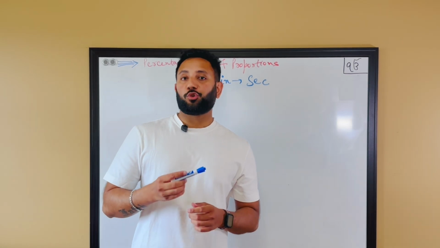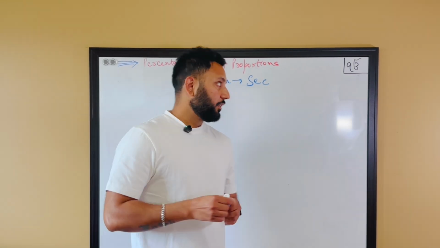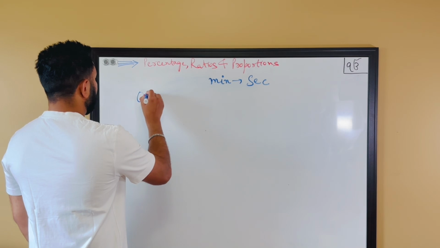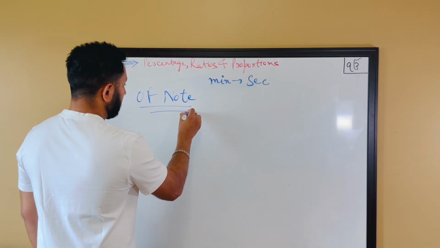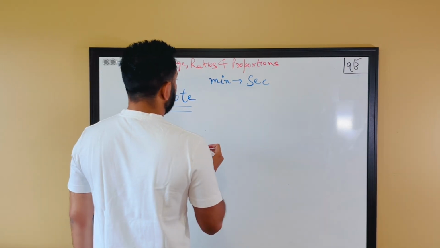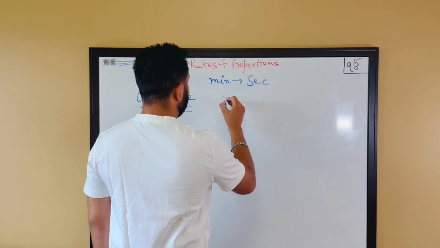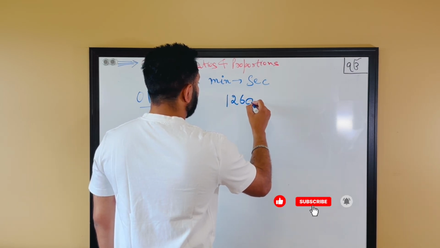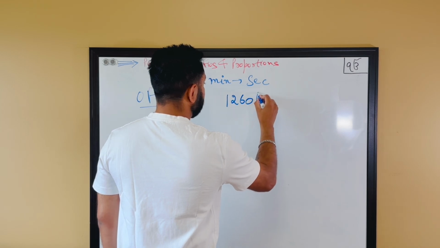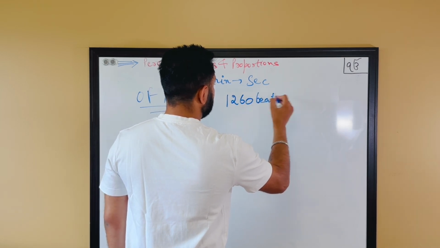Now we're gonna learn how to convert minutes to seconds, which is very important. So for example, if we are given a heartbeat, just a random number, 1260 beats per minute.